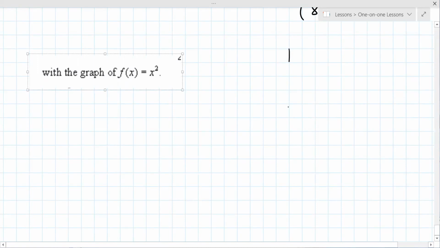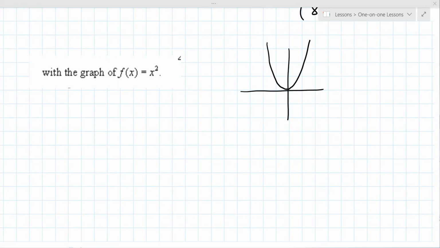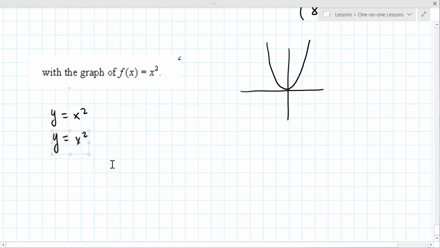It should look something like this, where it just comes up. Now I want you to go to a new line and also graph y equals x squared in line 2. Let me know when you have that done. Do you see that it's the same graph? It's just on top of it.